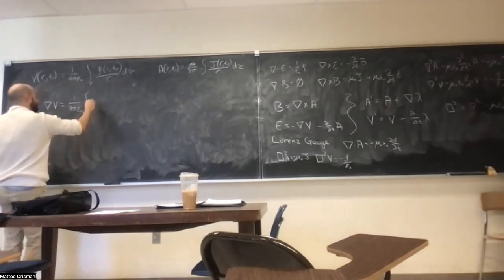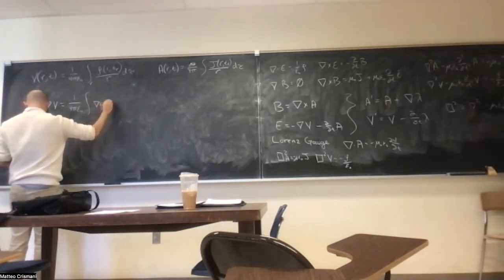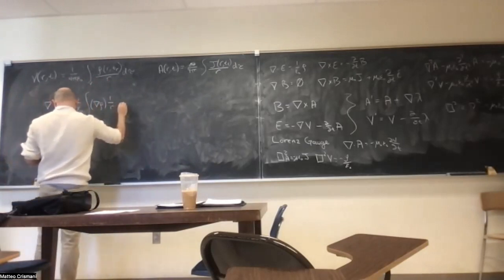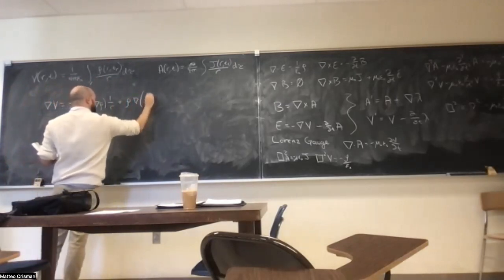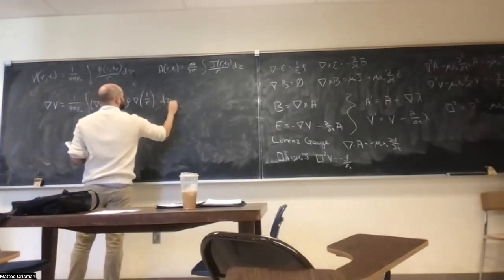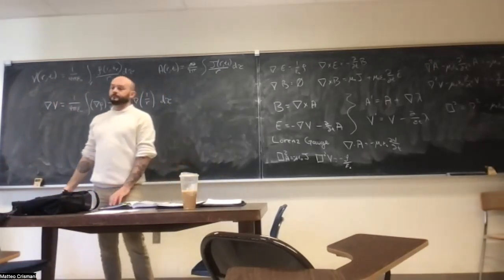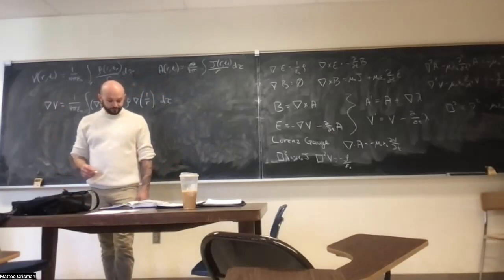Now I'm going to have del rho and 1 over r. And so you won't get just the one term that we saw before.